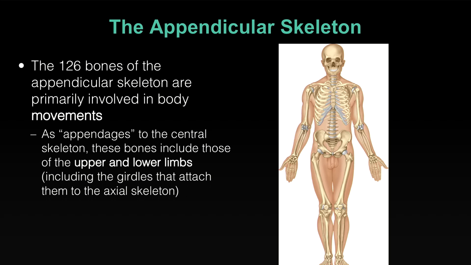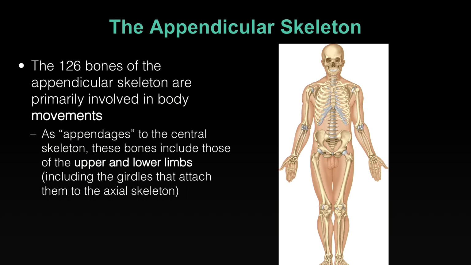And where the axial skeleton, we talked about it having a major role in protecting the viscera, the internal organs, the heart, the digestive system, the lungs, the brain, spinal cord. The appendicular skeleton doesn't protect as much as it allows movement and interaction with the environment.